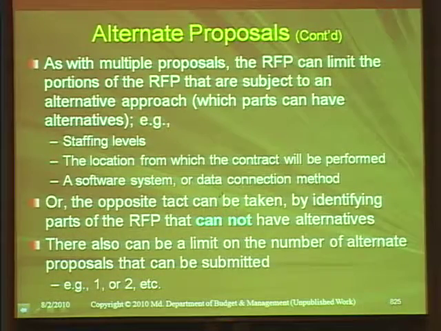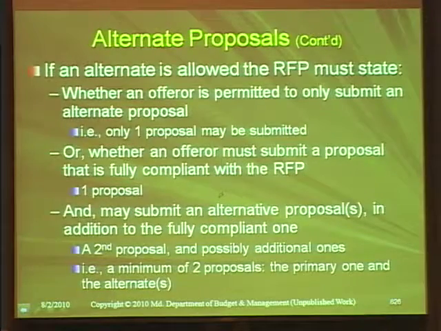And again, there can be a limit on the number of alternate proposals submitted, one, two, and I don't think I've ever seen more than one extra proposal from anybody. If an alternate is allowed, the RFP must state whether an offeror is permitted to only submit an alternate. And this is important. Can they only come in with a proposal that deviates from the RFP in some respect?